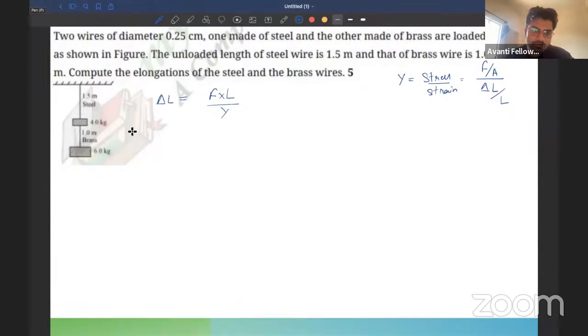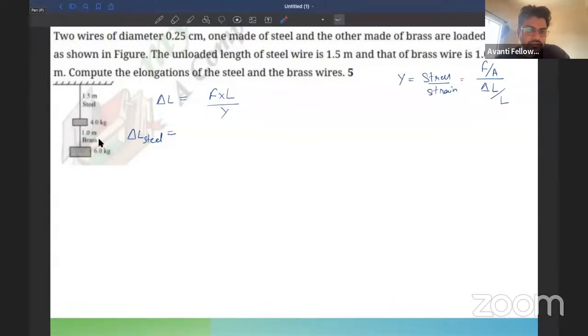So if I talk about change in length of steel, भाई steel में कितना change, force कितना लग रहा है steel में, just see. This is the wire. This wire is pulled by one 4 kg block and one 6 kg block. So total weight on this wire is 10 kgs. 4 plus 6, 10 kgs downwards.